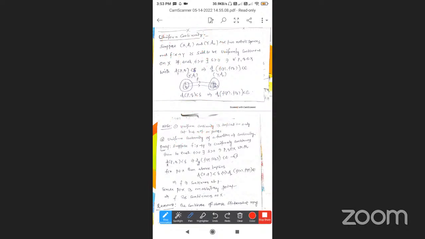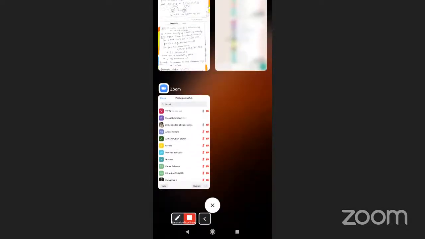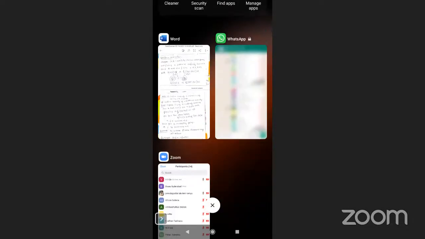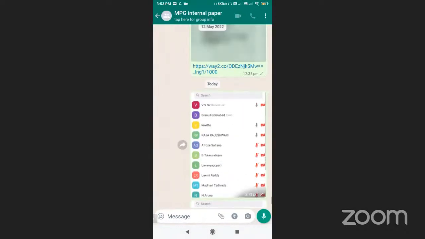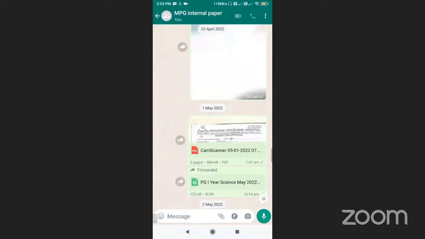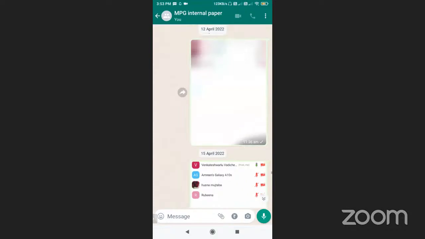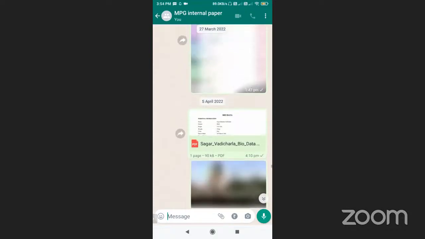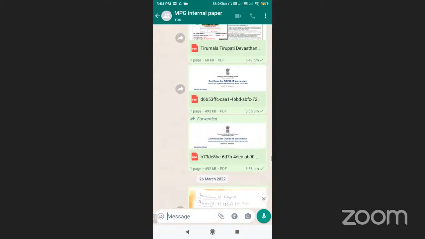Is this also clear? Okay, so this is uniformly continuous.